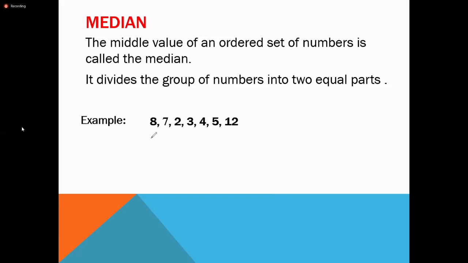Lowest value is 2. 2 must come first, then 3, then 4, then 5, then 7, 8, 12, no? Then this list is called an ordered list.